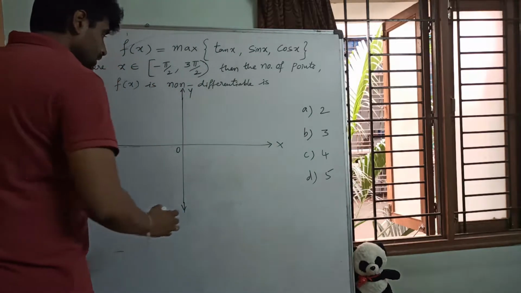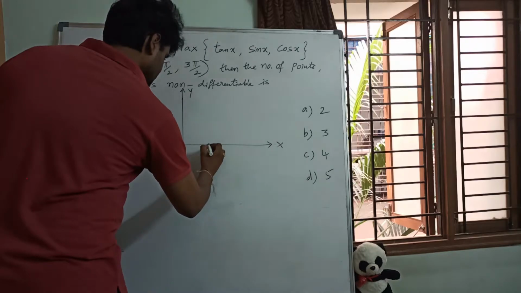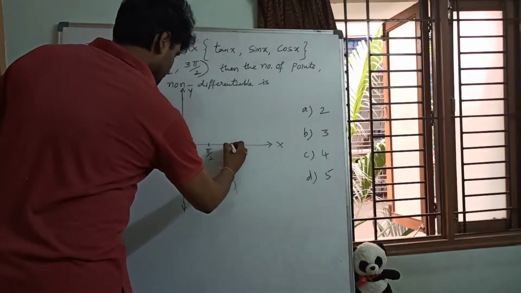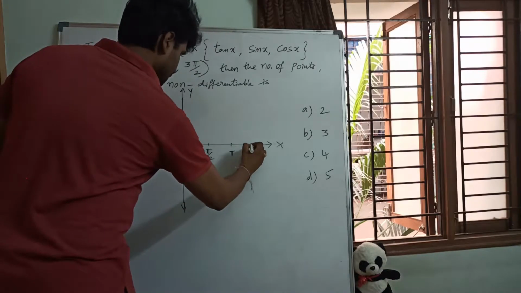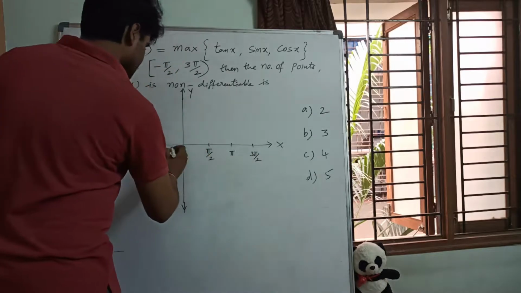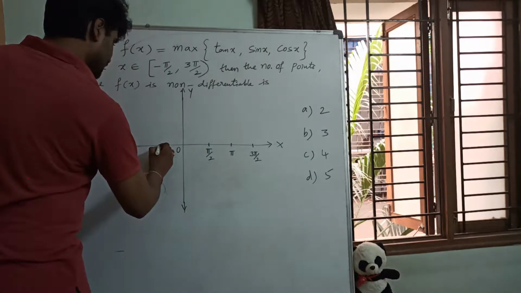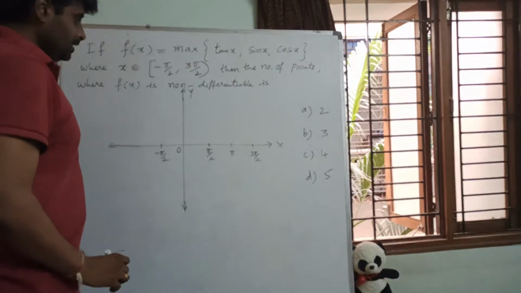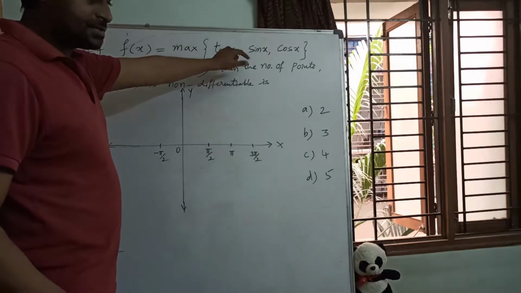Now here, let me take pi by 2, pi, 3 pi by 2. Okay, so I'm taking 90 difference there. So minus pi by 2 here. Right? So now first of all, let us go for drawing the graph of sin x.